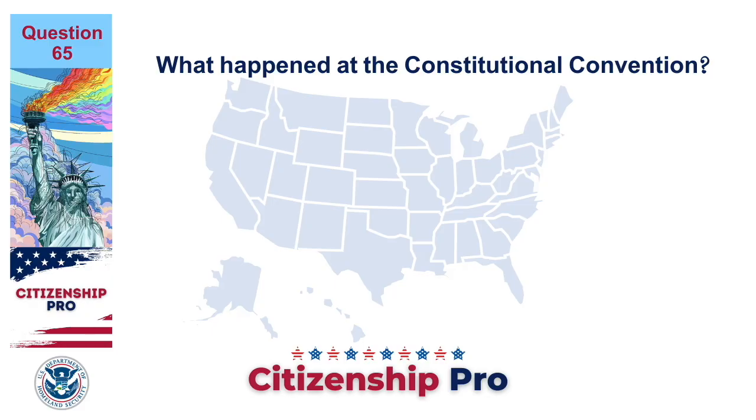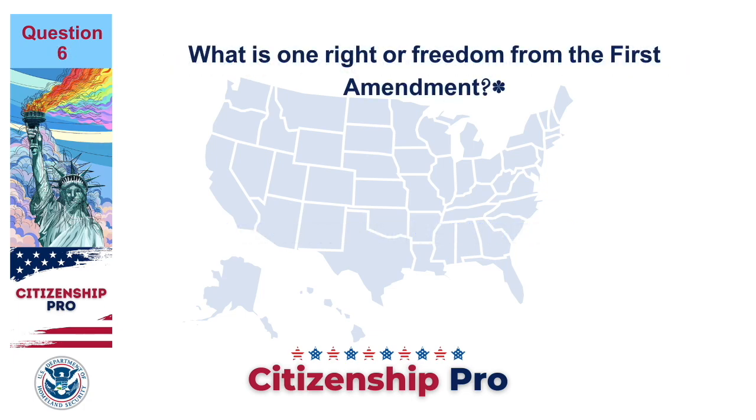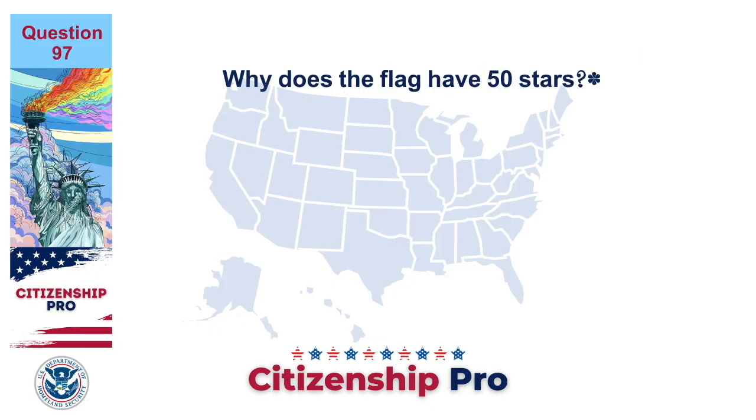What happened at the Constitutional Convention? The Constitution was written. What is one right or freedom from the First Amendment? Speech. Why does the flag have 50 stars?